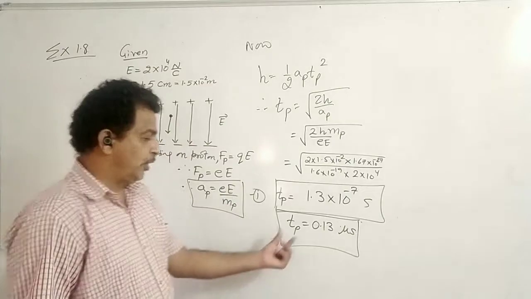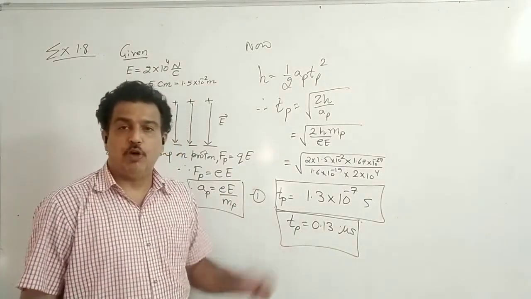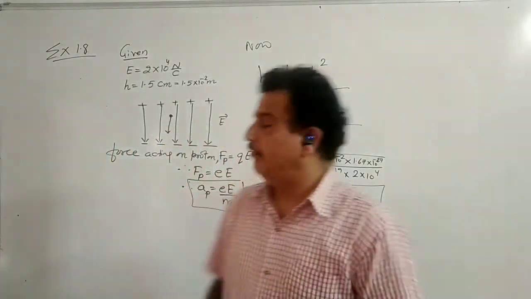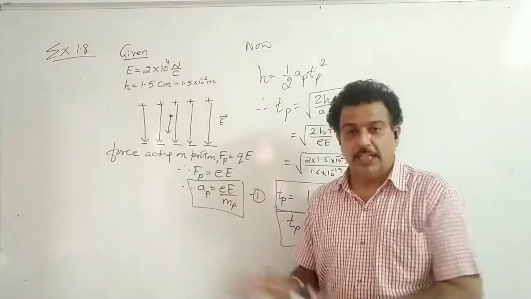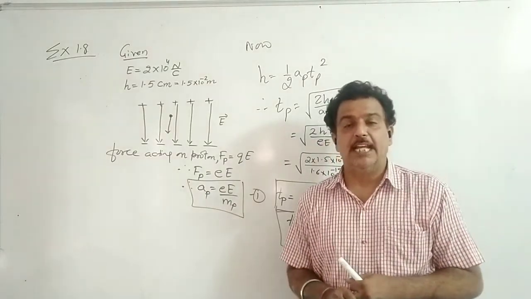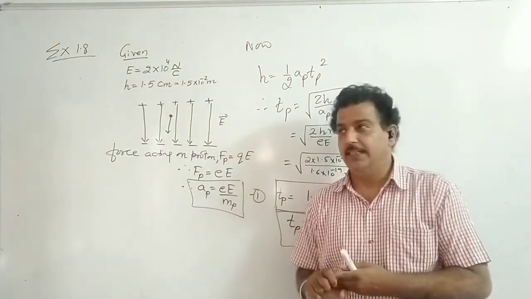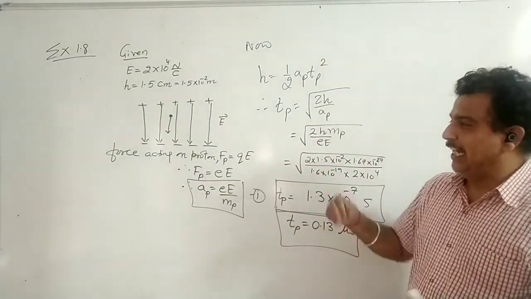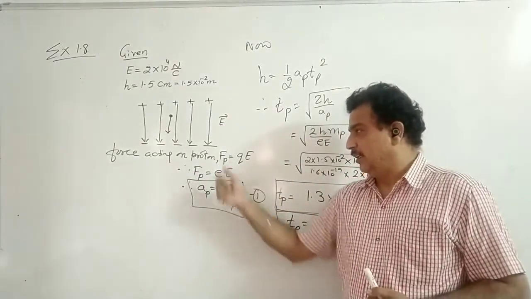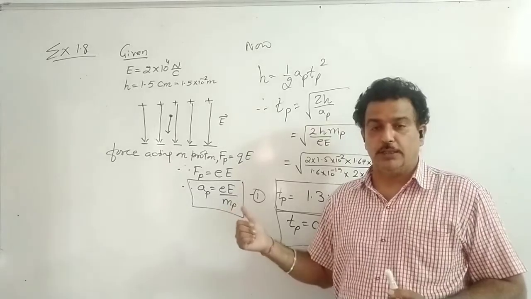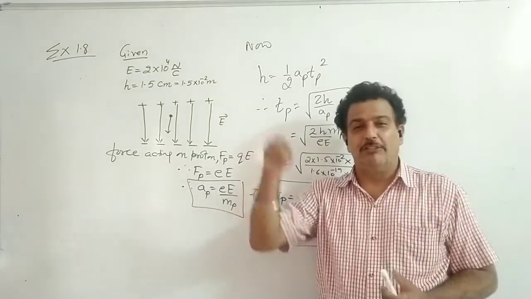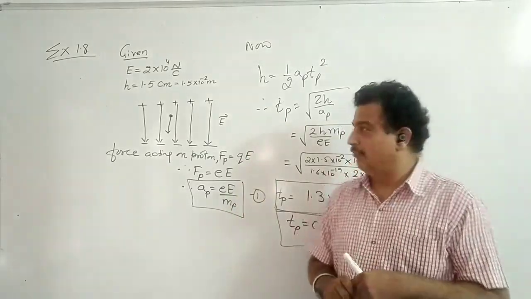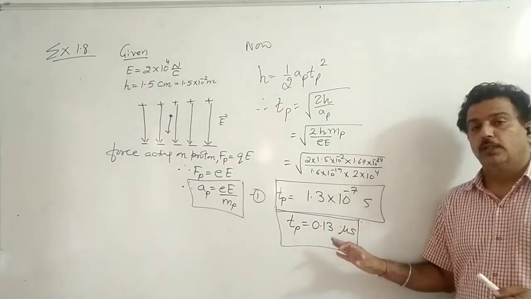So for a proton, the time of fall is a microsecond, and for an electron, we have seen the time of fall is a nanosecond. Also, by common sense, the electron is lighter as compared to the mass of a proton. So the electron will reach in a shorter interval as compared to the proton.